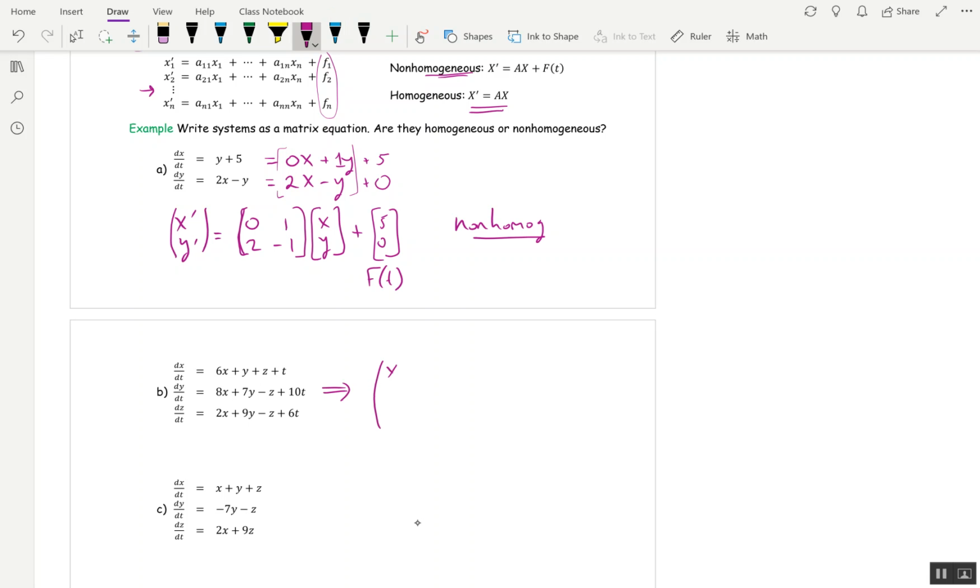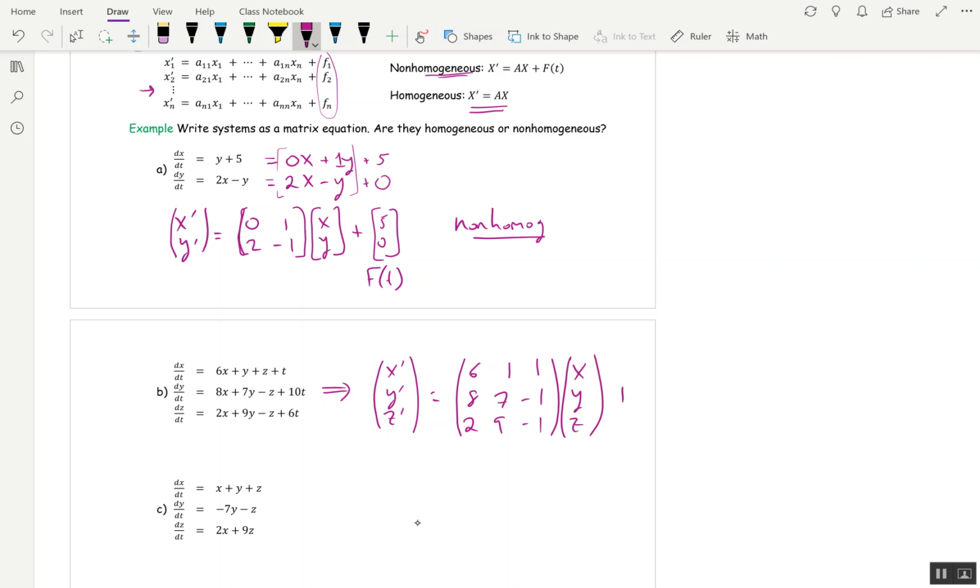This is x prime, y prime, z prime is the matrix. I just pick off the coefficients of x, y, and z: 6, 1, 1, 8, 7, negative 1, 2, 9, negative 1, times x, y, z.